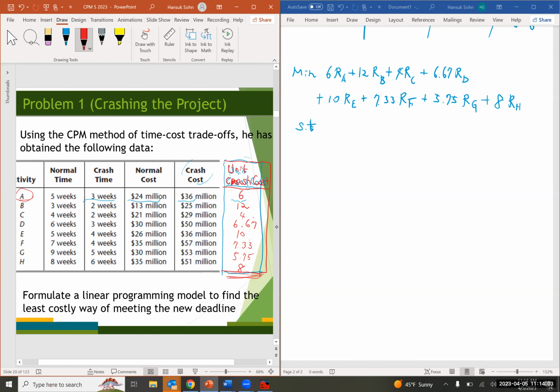At most 2 days, right? That's 5 minus 3. Sorry, at most 2 weeks in this case, right? So we have an inequality constraint, like R sub A is less than or equal to 2. And this value 2 is from 5 minus 3 down here.